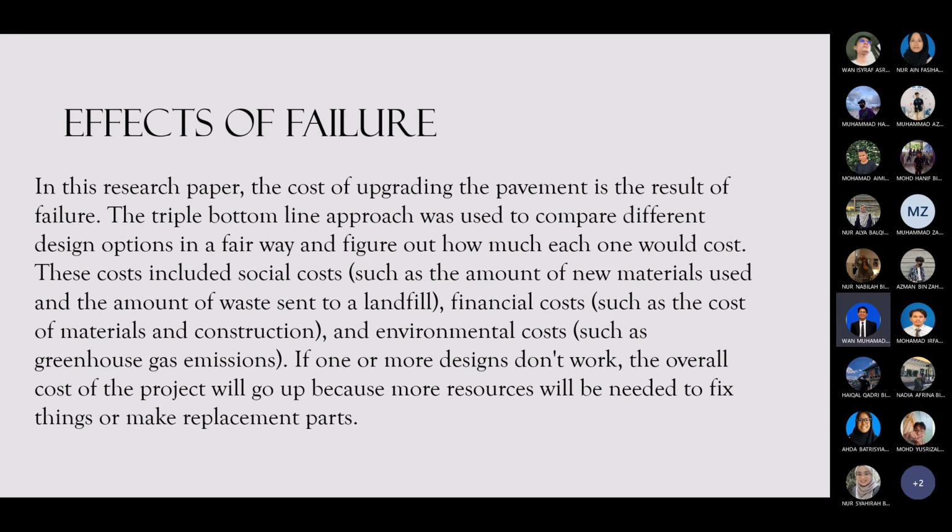The costs included social costs, financial costs, and environmental costs. If one or more designs don't work, the overall cost of the project will go up because more resources will be needed to fix and make replacement parts.